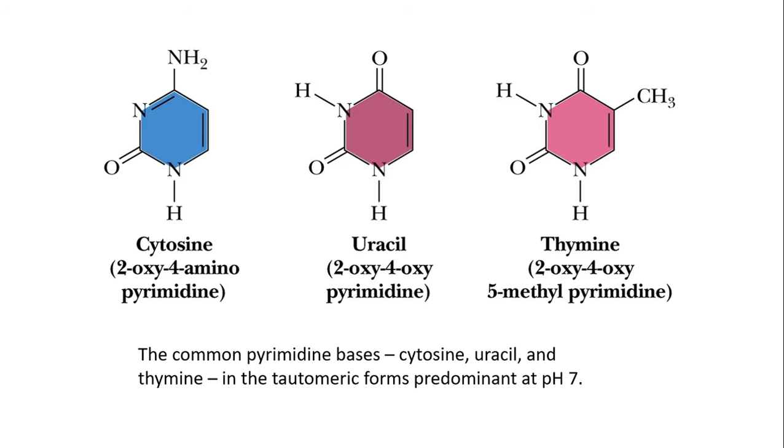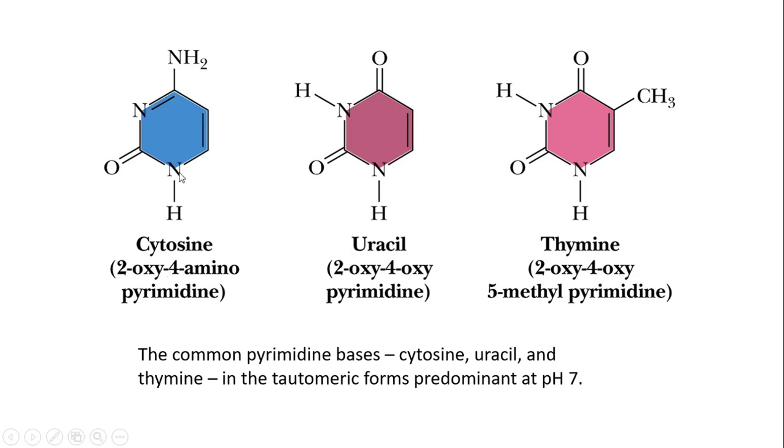And the only differences between them are the substituent groups that are attached to that ring. Remember again, C and T are going to be found in DNA, C and U are going to be found in RNA. So even though these have common names, these are more descriptive names.